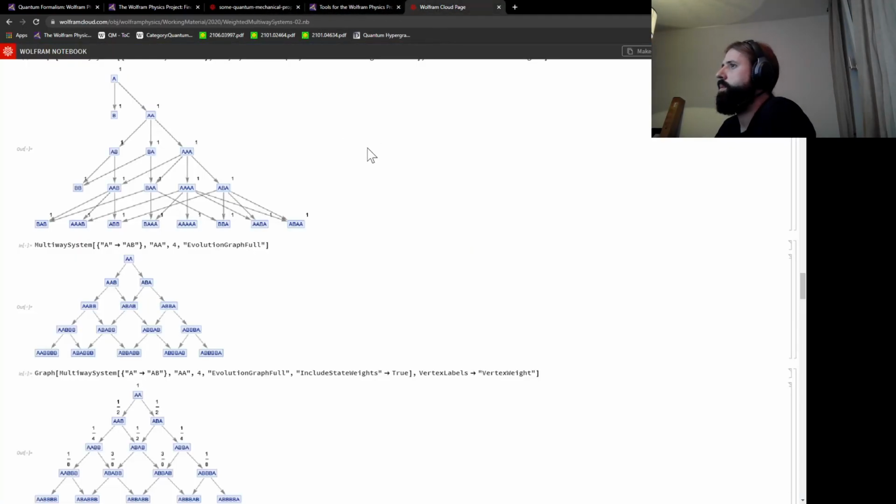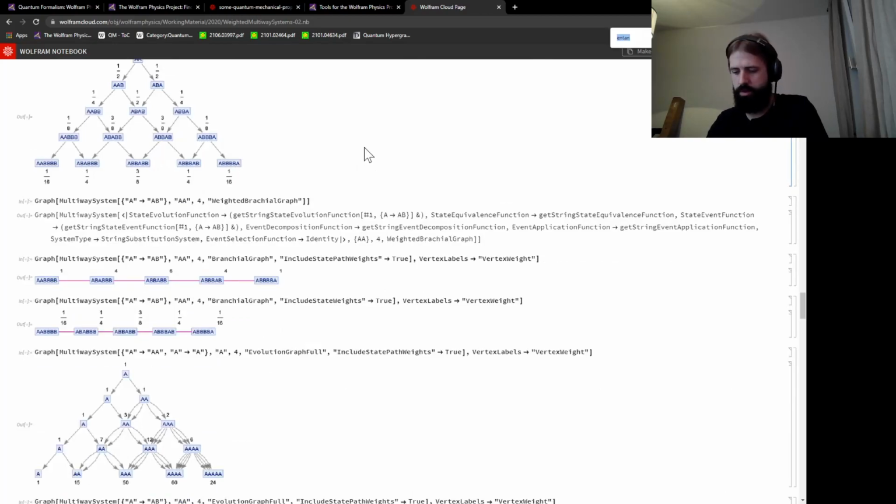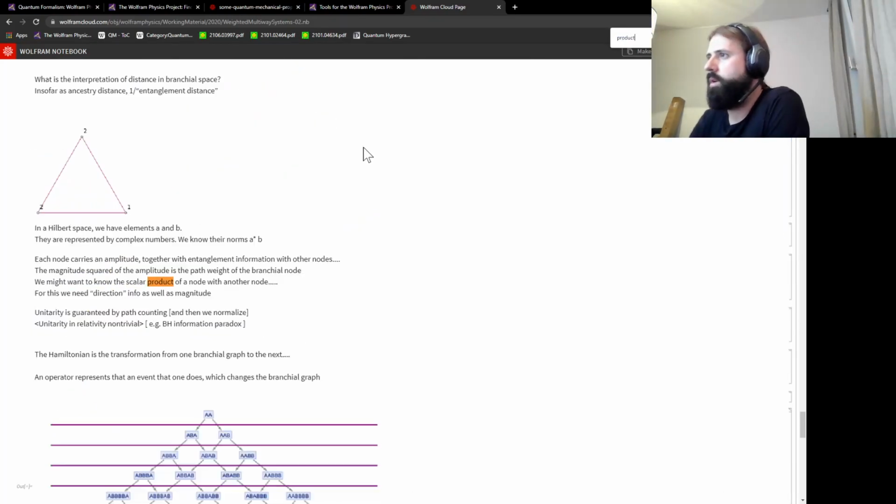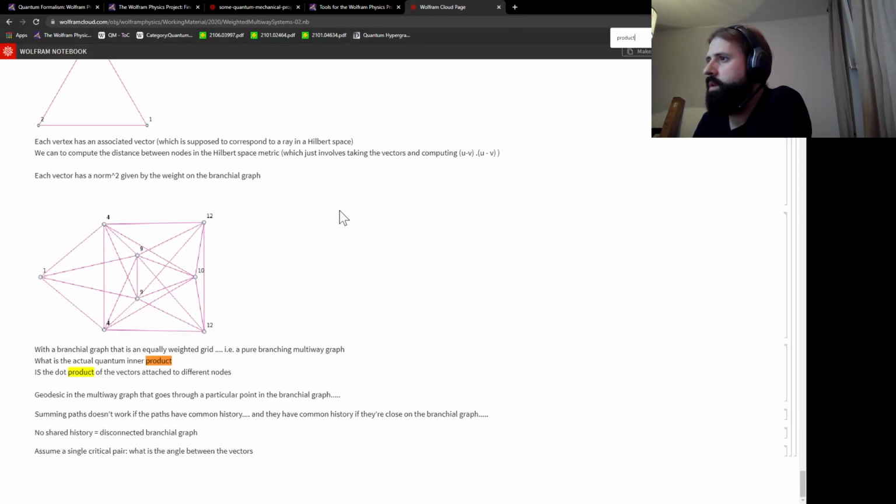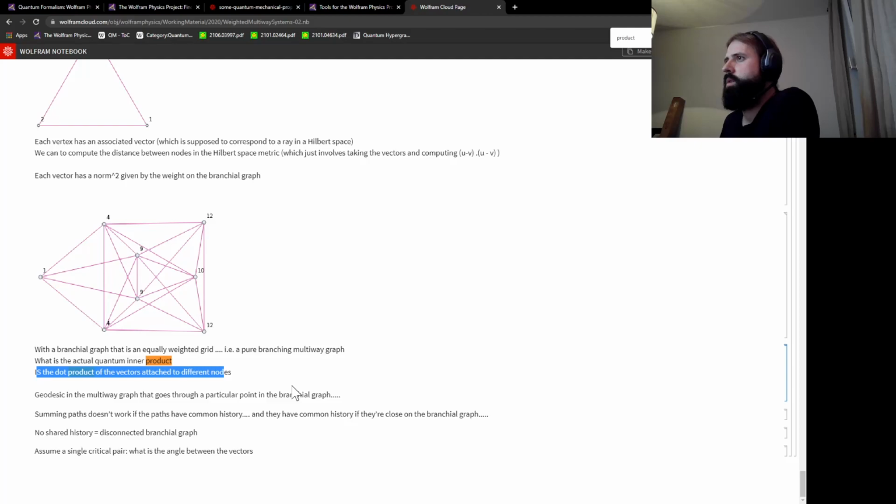Here it said something else about product. Inner product is the dot product of the vectors attached to different nodes. Each vertex has a vector.